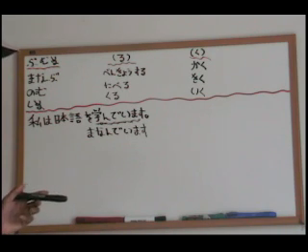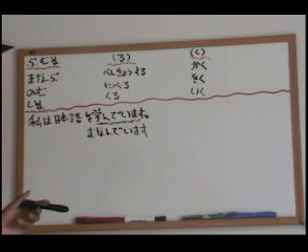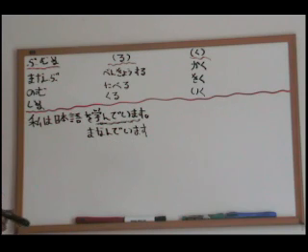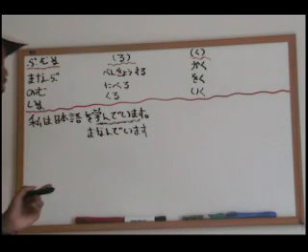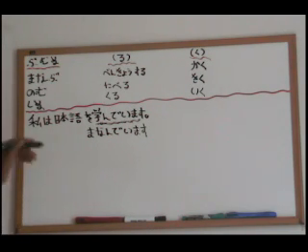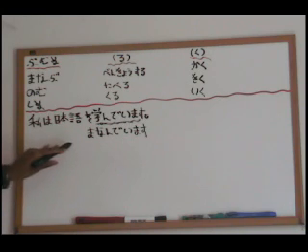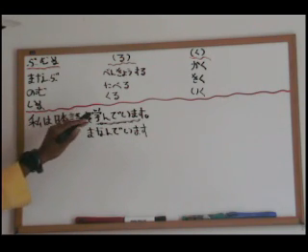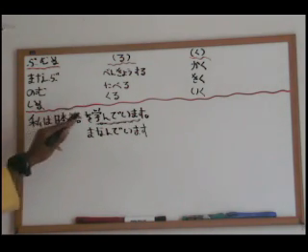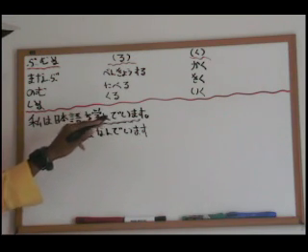Now, what about the past? We'll use the same sentence, but I'll just write the verb here in the past tense. You would say, watashi wa nihongo wo manabimashita.